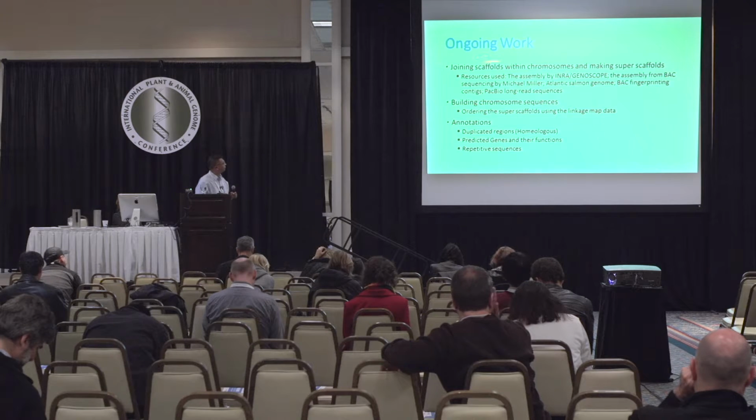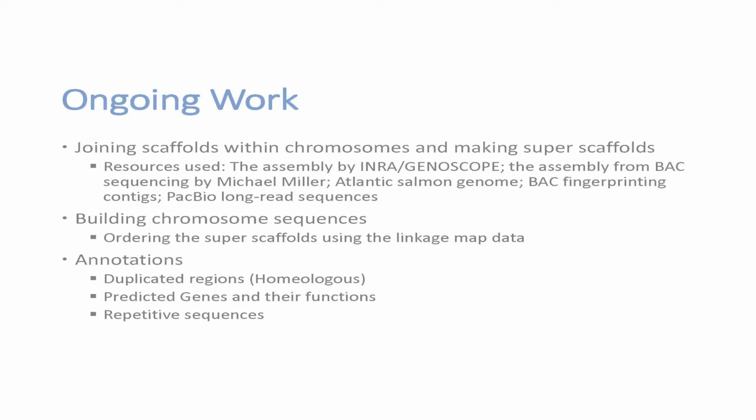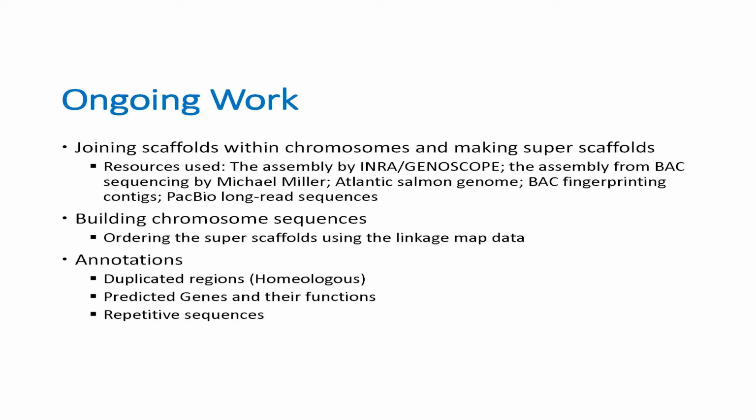So after we got the chromosome sequence, the ongoing project is, we want to join those chromosome sequences into super scaffolds, and then make the annotation. After that, we can publish this new rainbow trout genome assembly and use it for research projects.